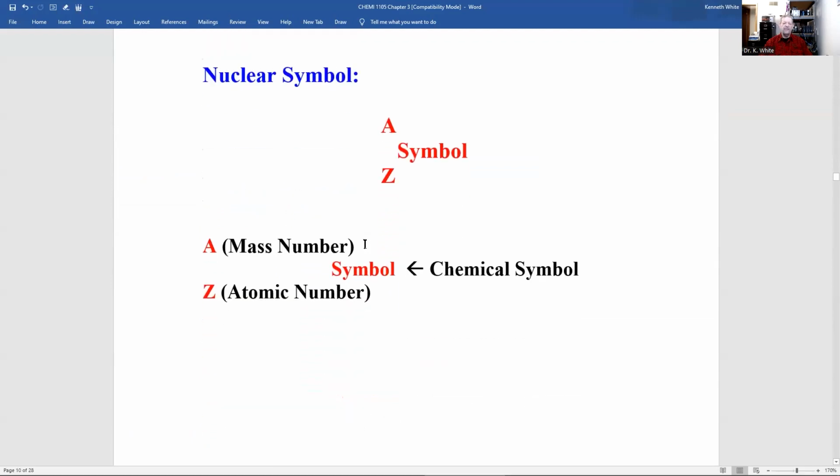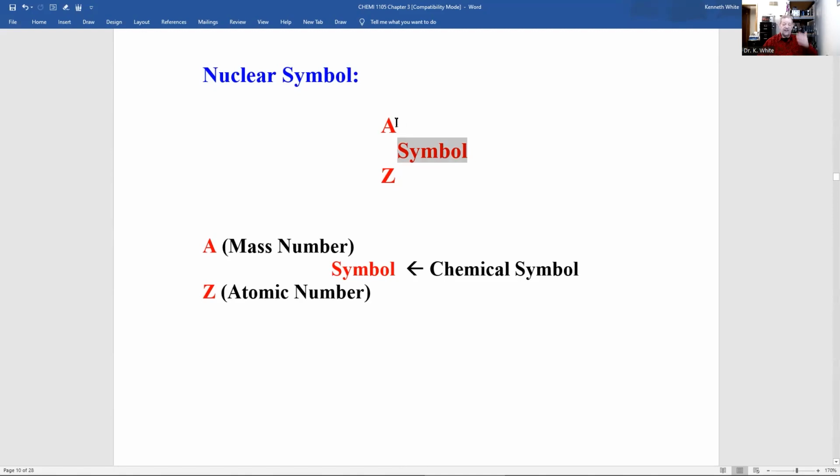Before we move on, there's something called the nuclear symbol. I've never used it. I've never put it on a test or a final, but it's the chemical symbol with the atomic number in the lower left.